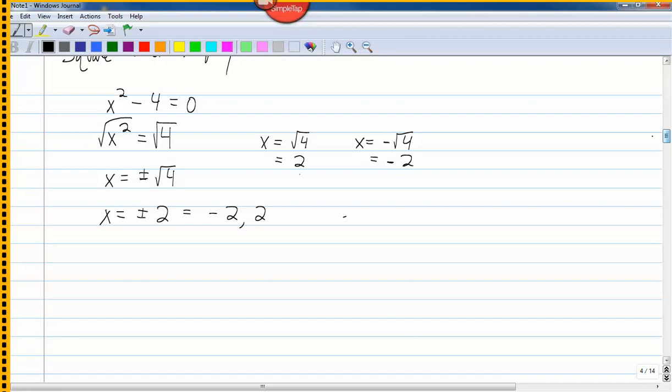Okay. Now you don't have to be able to take the square root of the number on the right side. For example, let's say that I had 3x squared minus 7 equals 0.